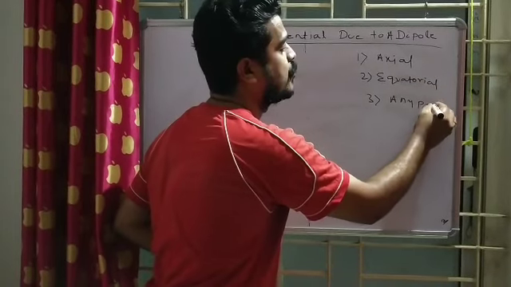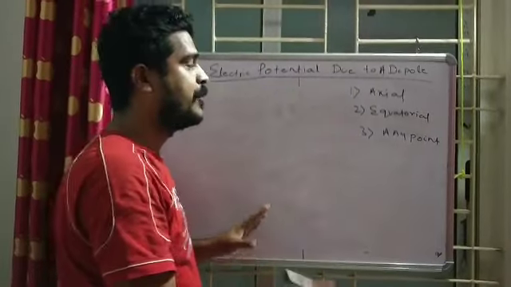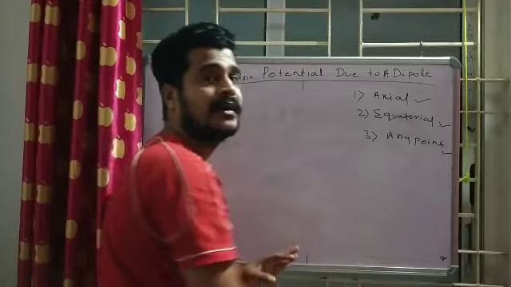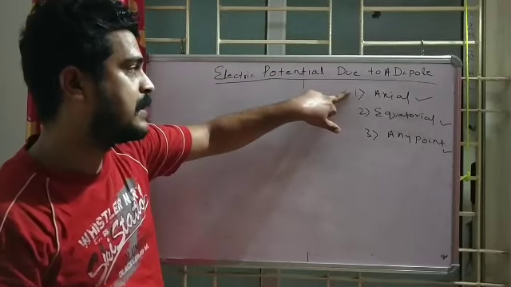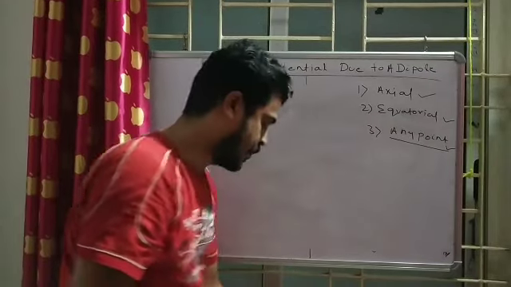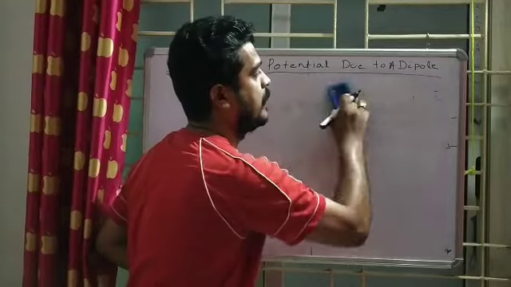Like this, here also I will derive the total potential due to the dipole on the axial line, equatorial line, and at any point. In today's class I will derive only for axial and equatorial. In the next class I will derive for any point. So now I will go to the equatorial line.